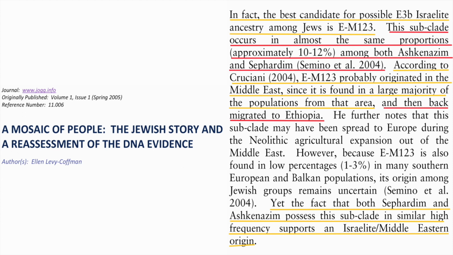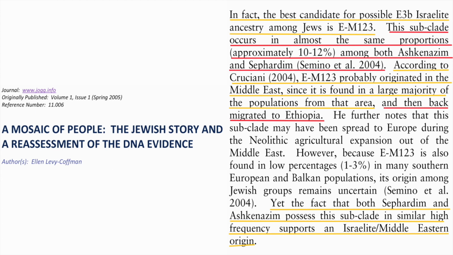According to the paper titled A Mosaic of People, the Jewish Story and a Reassessment of the DNA Evidence, it reads, in fact, the best candidates for possibly E3b Israelite ancestry among Jews is E-M123. This subclade occurs in almost the same proportions, approximately 10 through 12%, among both Ashkenazim and Sephardim.